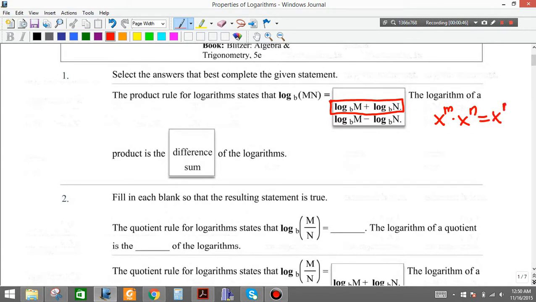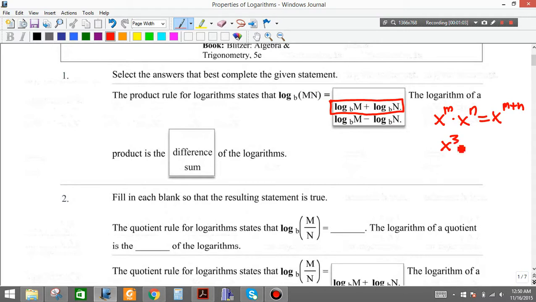And so when you have a product of bases with powers m and n, you add the powers. And this is all we're saying here. That the power of a product is the sum of the powers.